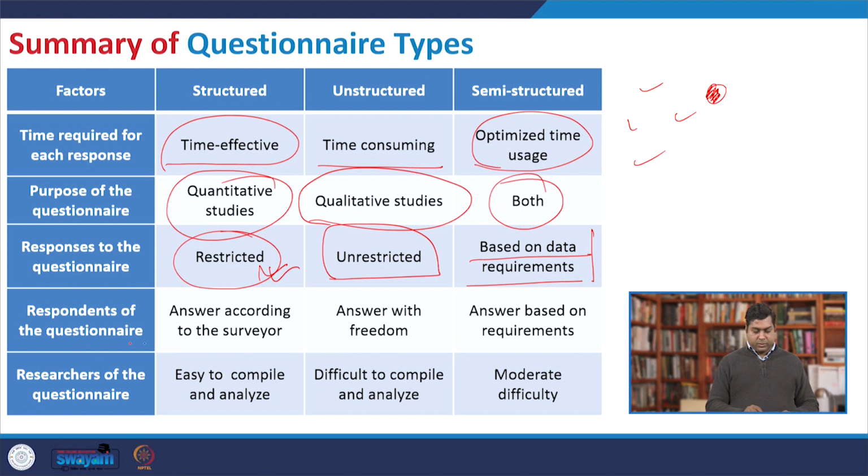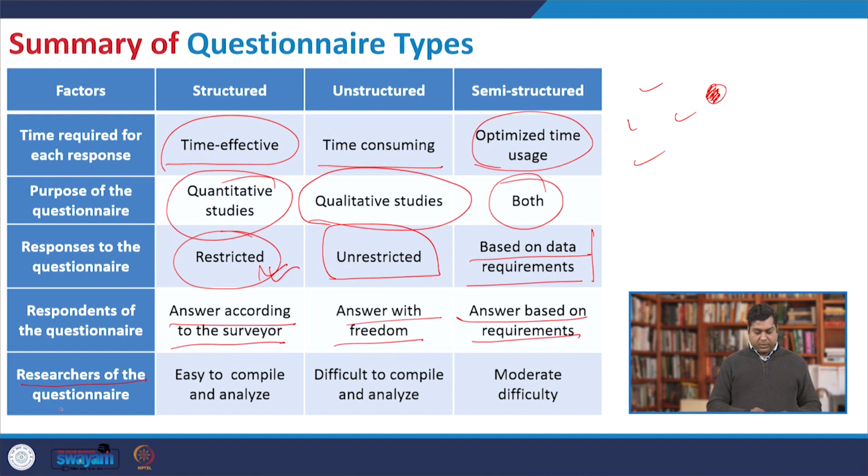Respondents of the questionnaire in this case answer according to the surveyor's options, and in the unstructured case definitely you have freedom to express yourself, and in the semi-structured case you answer based on the requirement, because it is a combination of both structured and unstructured.